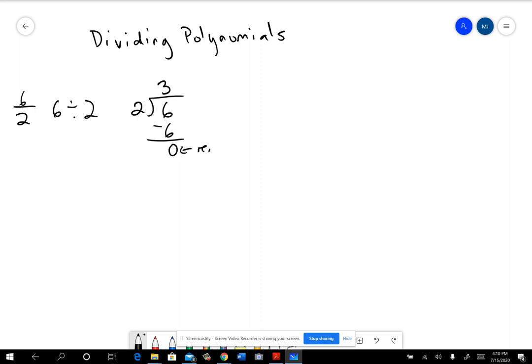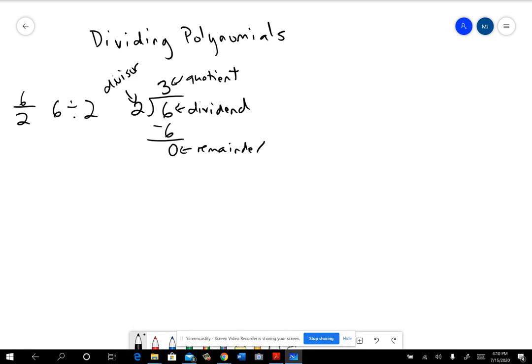So this is the remainder. Okay, this is the quotient. This is what we're dividing by. And then this is what we're dividing into. It's called the dividend. Okay, you don't have to memorize that, but they do use this language a little bit.